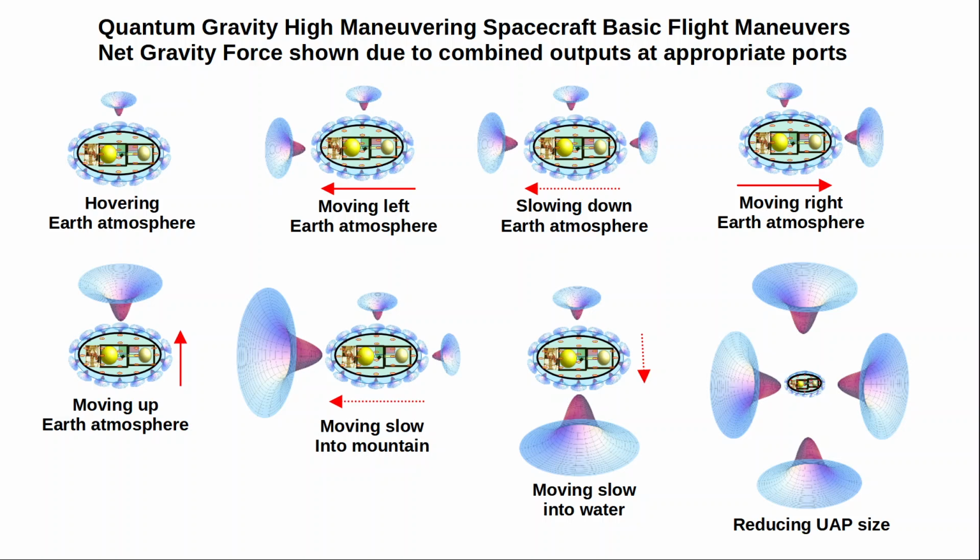And then reducing the size of the spacecraft, you would want all gravity output ports surrounding the UAP or the spacecraft to be equal, but the smaller you want the spacecraft, the more equal gravitational force that you would want to come out of all the output ports. That would give you the smaller physical size.